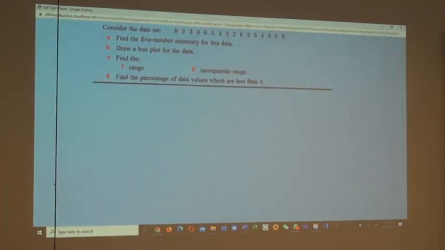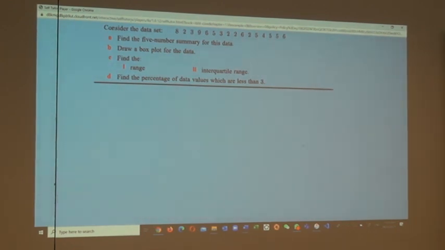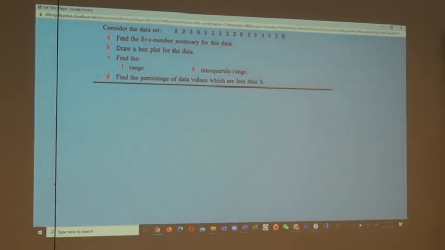A Box-and-Whisker diagram visually displays a 5-number summary of a data set, including the minimum value, the lower quartile, the median, the upper quartile, and the maximum value. The median is a measure of the center of the data set, and the quartiles and the extreme values give an indication of the spread. Look at the data set in this example. To find its 5-number summary, we start by writing it in order.